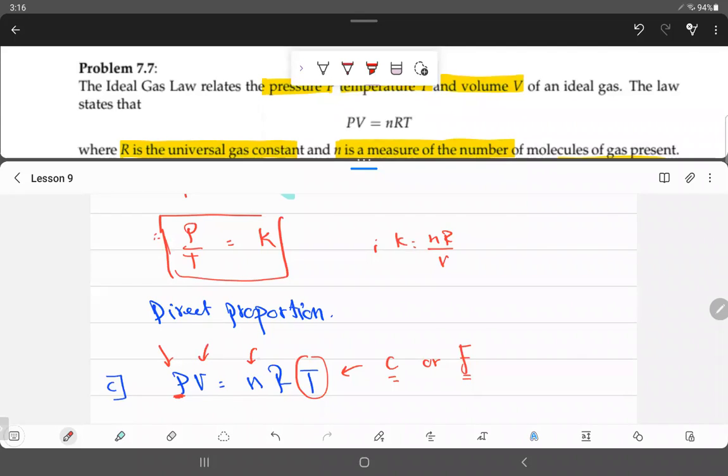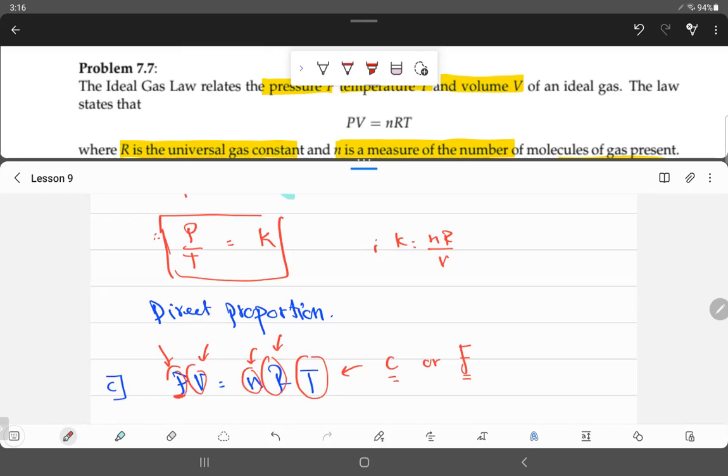The number of molecules, whatever you call it, can the number be negative? No, it cannot be negative, right? What about R? It's a constant, and it's positive. So these are all positive.